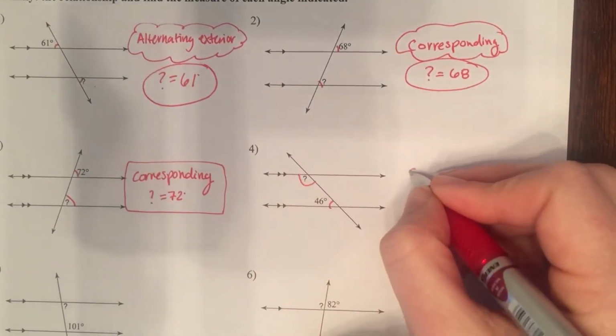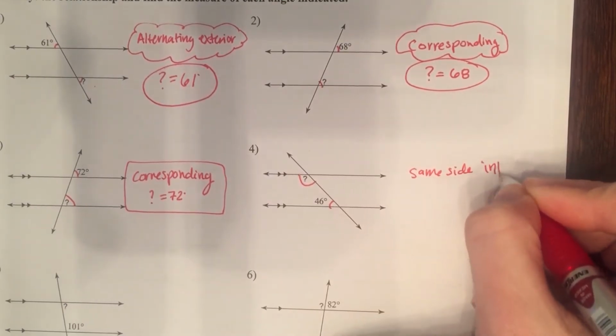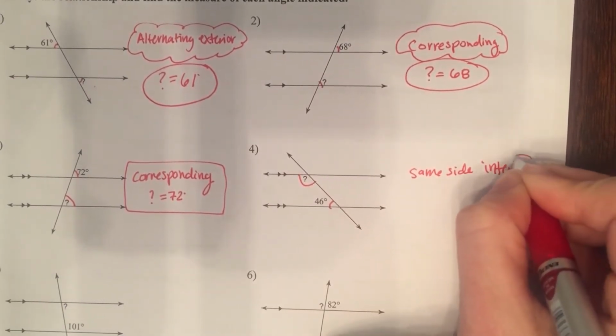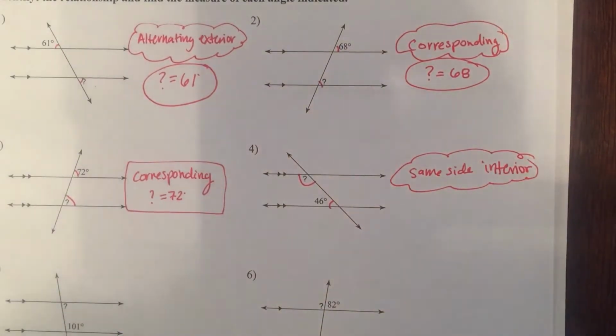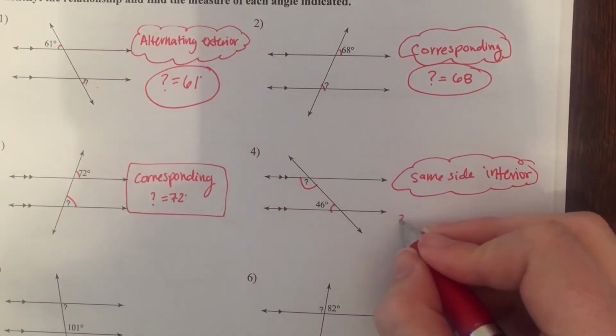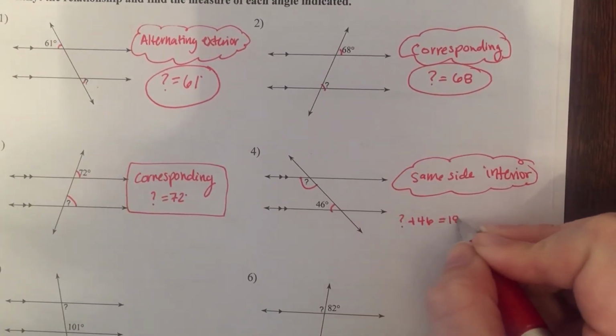These are on the same side, and they are interior. So I've named it. Now, these ones together, question mark plus 46, should equal 180.